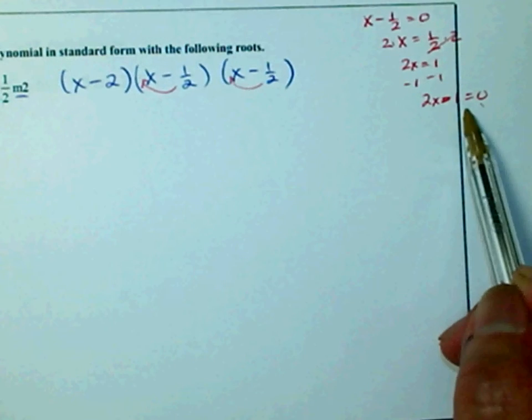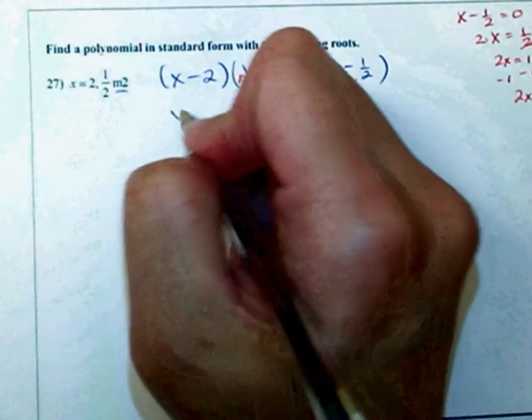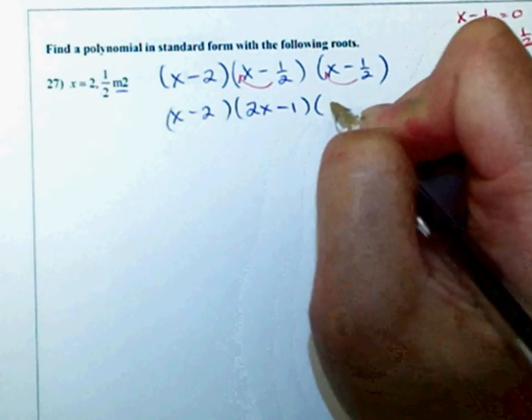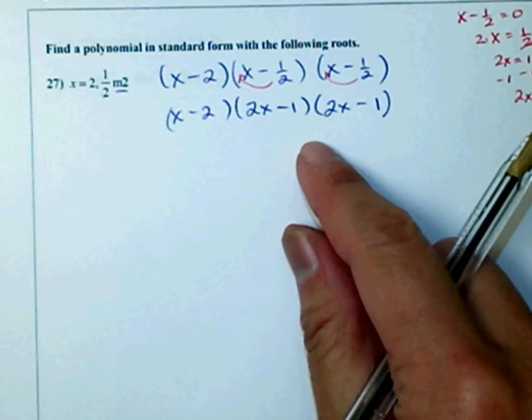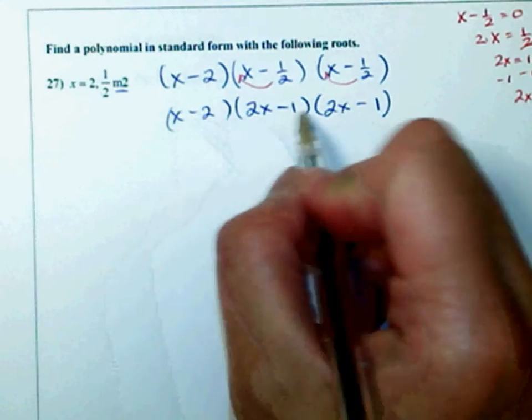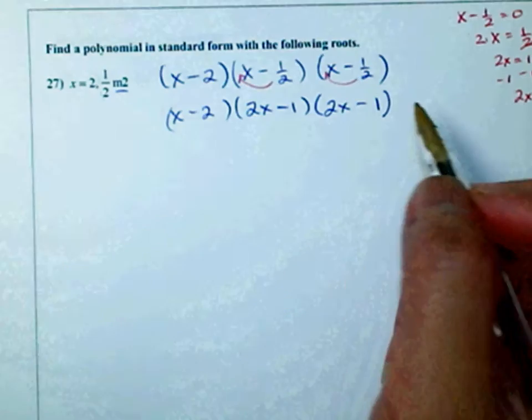All right. So now you have x minus 2 times 2x minus 1 times 2x minus 1. Right there, I got rid of my fraction. So next part, you can either multiply these two together first, or you can multiply that one next. Since these are alike, I'm going to take care of that first.